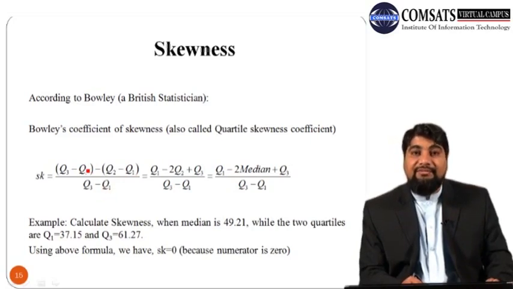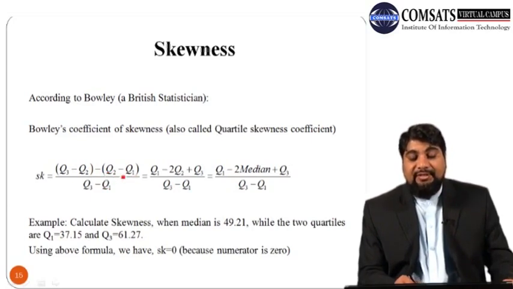So it is actually the difference of quartiles. If we simplify this formula further, we can get Q1, this minus 2 times Q2, and this Q3 as it is.